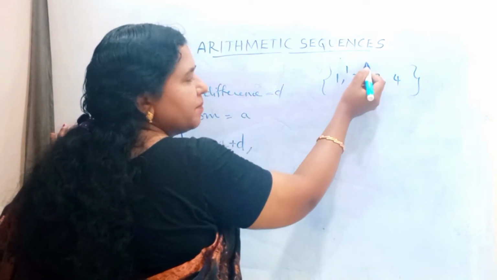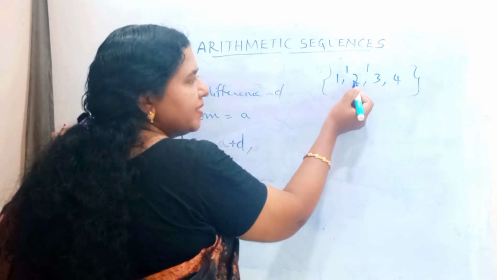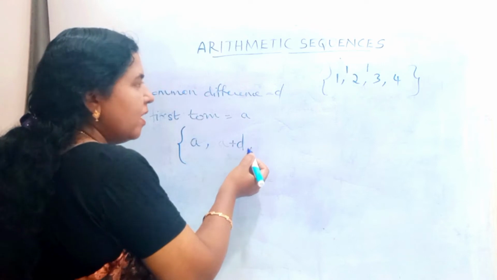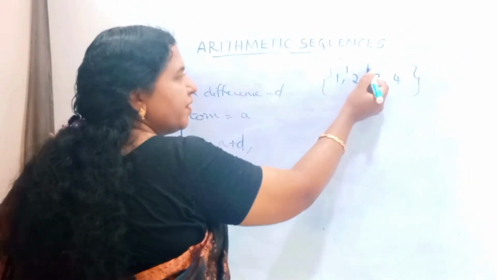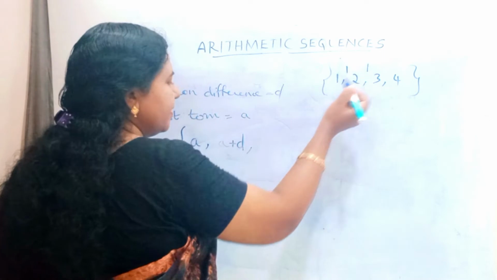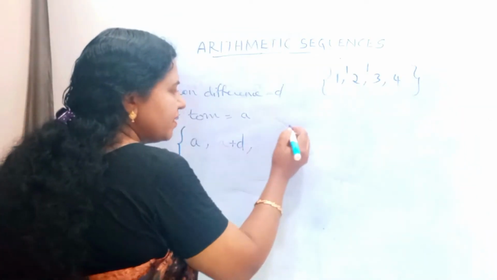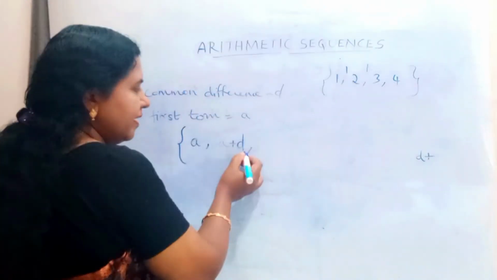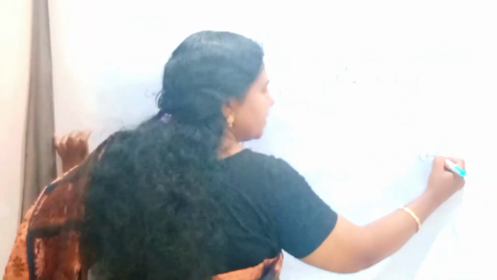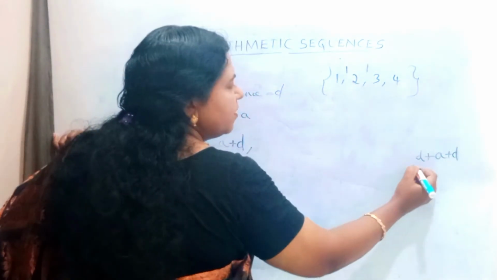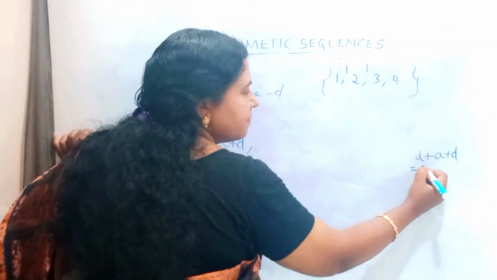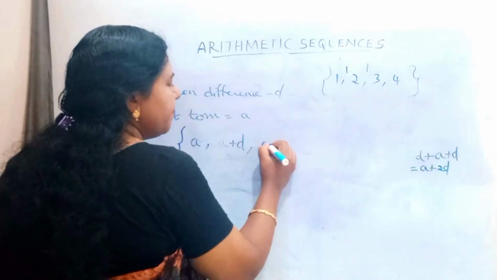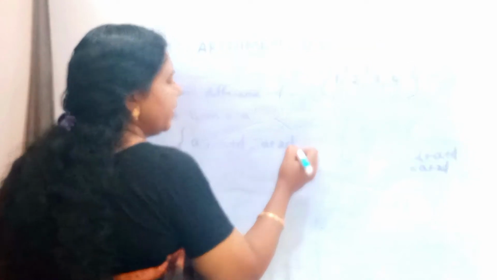This 1 is nothing but the common difference, and the second term we have already found as A plus D. So when we add D to the second term A plus D, it becomes A plus D plus D, that is 2D. So the third term becomes A plus 2D.